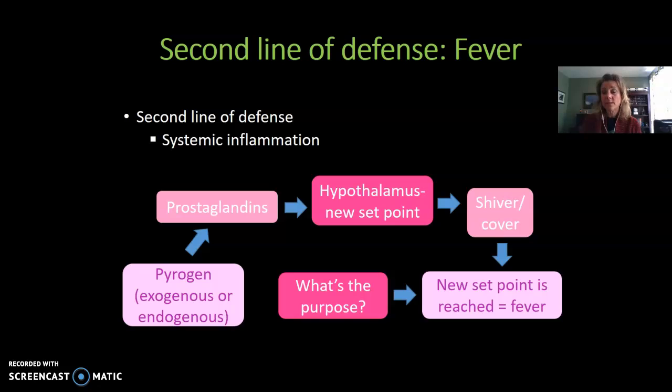If the infection is bacterial, another thing that an increased body temperature does is it stimulates our spleen and our liver to hold on to iron and zinc, which are necessary for bacteria to divide and replicate and thus spread. So by increasing our body's temperature, we are inhibiting the spread of a bacterial infection.